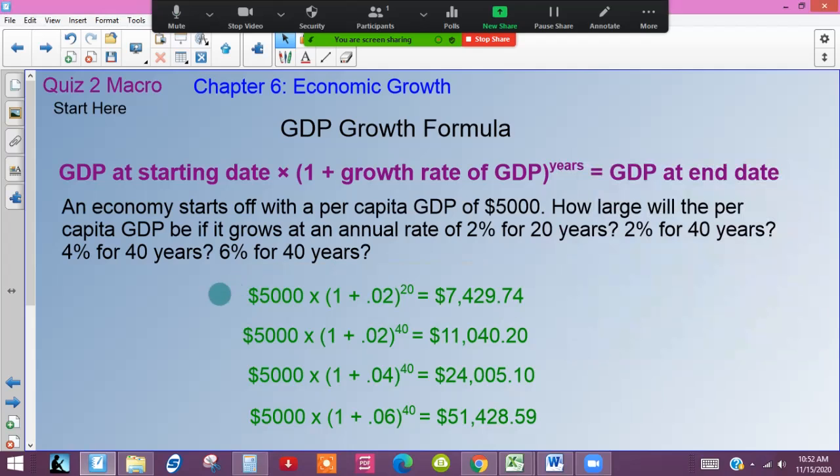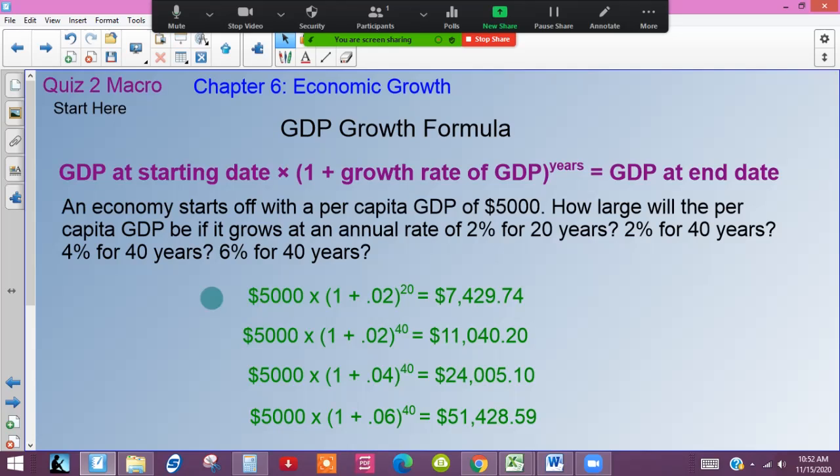Okay, so let's just do one more here just to make sure that we have this. The next part of the problem is asking us to compute the GDP at the end of 40 years with a 2% rate of growth.